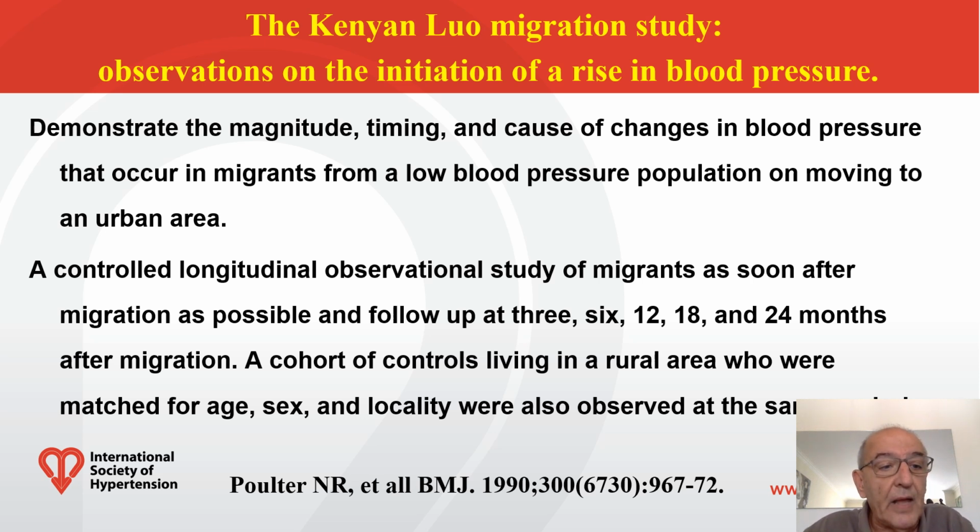This was a controlled longitudinal observational study of migrants as soon after migration as possible, with follow-up at 3, 6, 12, 18, and 24 months after migration. A cohort of controls who stayed in the rural area, matched for age, sex, and locality, were also observed at the same time.